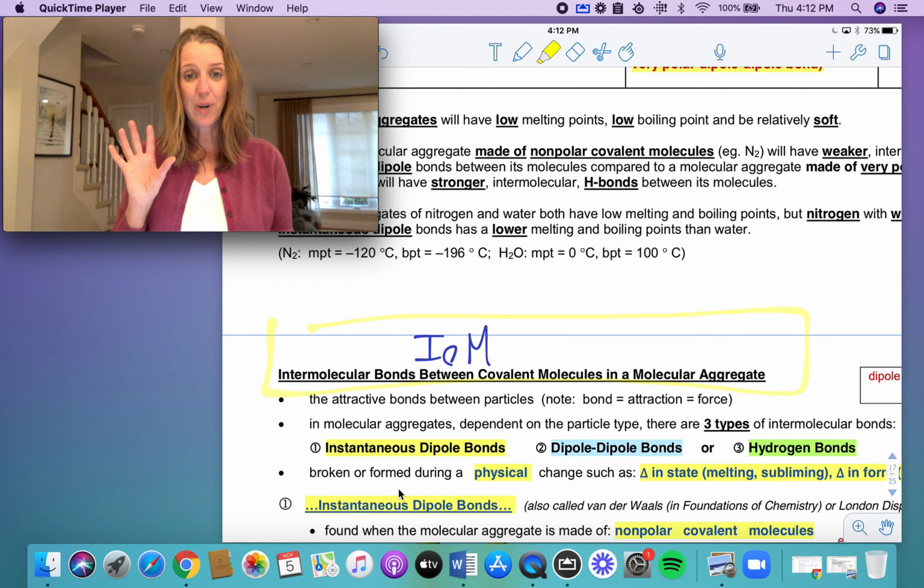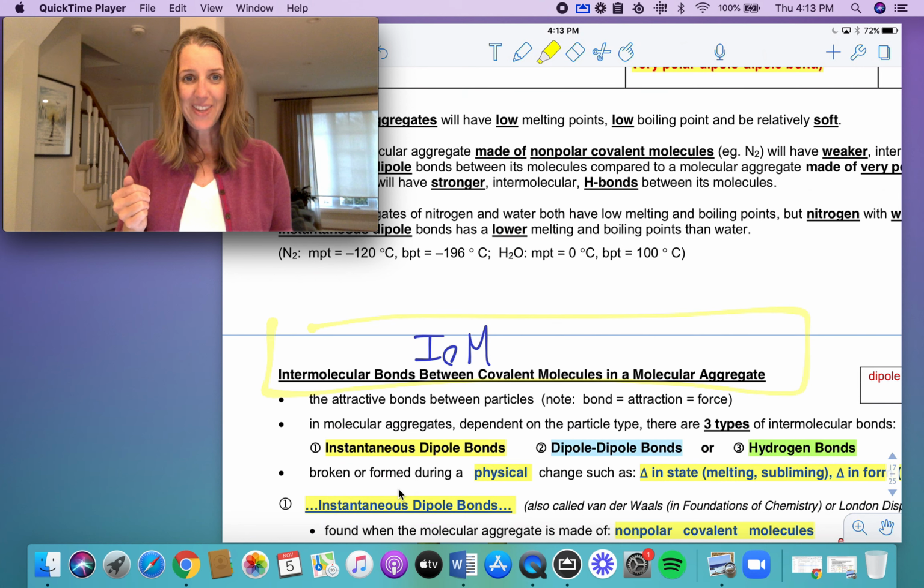Okay, so you've already got a good understanding of polar covalent bonds versus a non-polar covalent intramolecular bond. We've talked a bit about the overall polarity of the molecule, and now we're going to look at what that means with regards to the intermolecular bonds between covalent molecules in an aggregate.